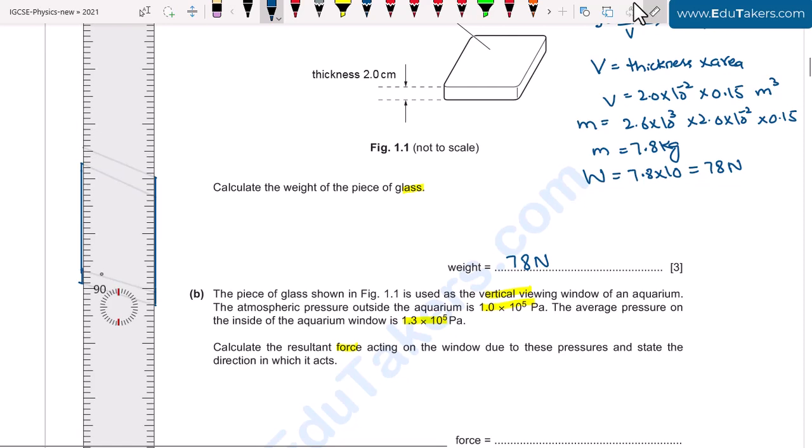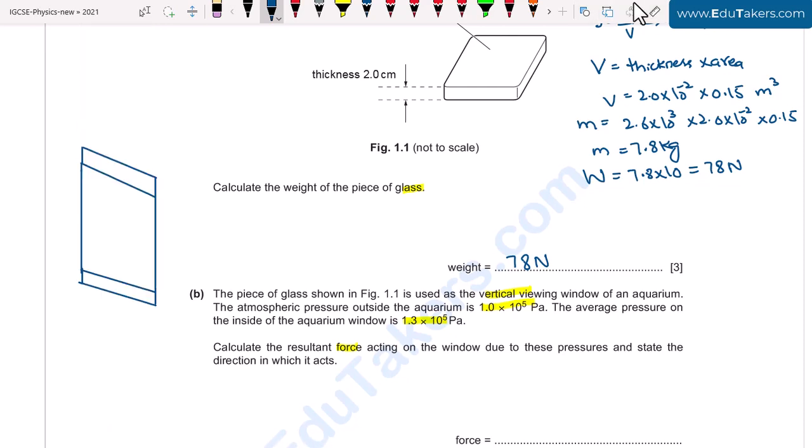So it is the vertical position of this aquarium window. There is a pressure, that is atmospheric pressure, and it is exerting in this direction. It is the pressure due to the air, P atmospheric, and its value is given as 1.0 × 10^5 pascals.